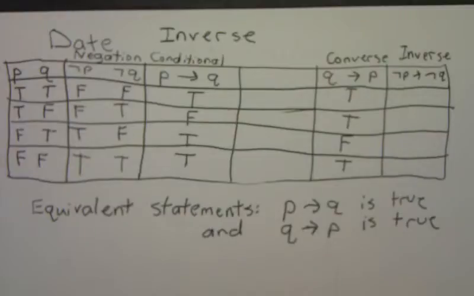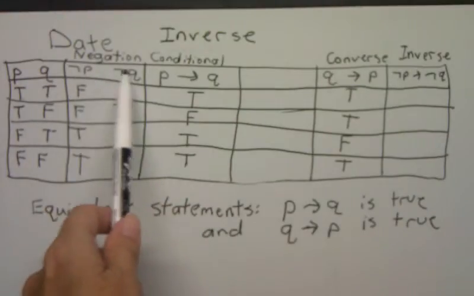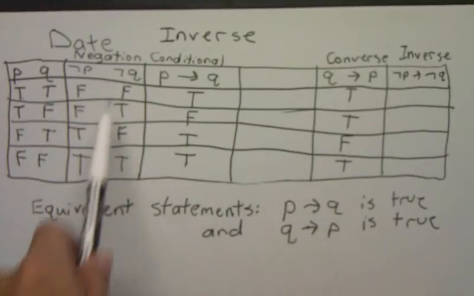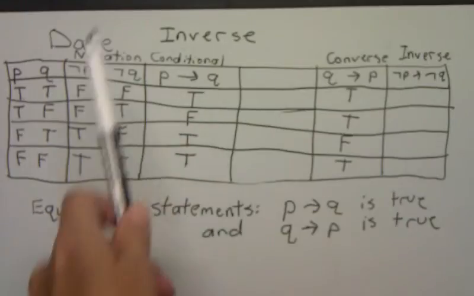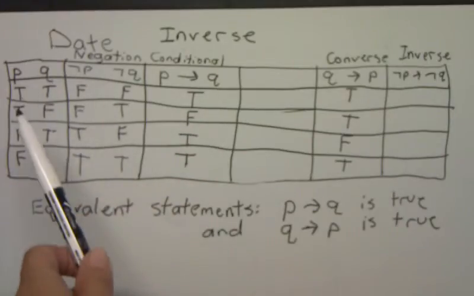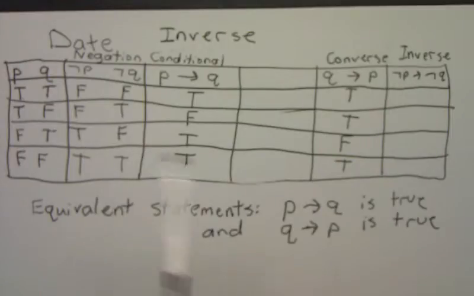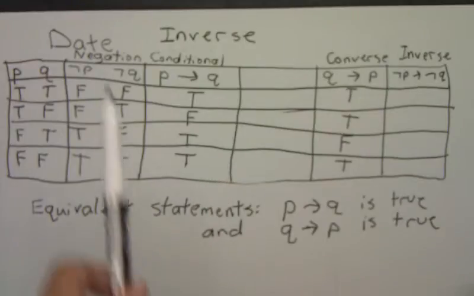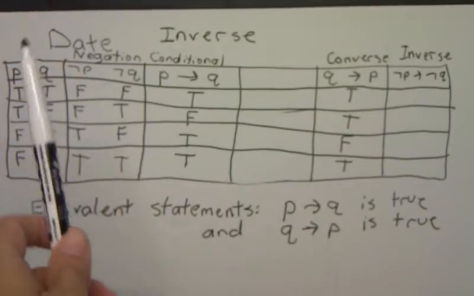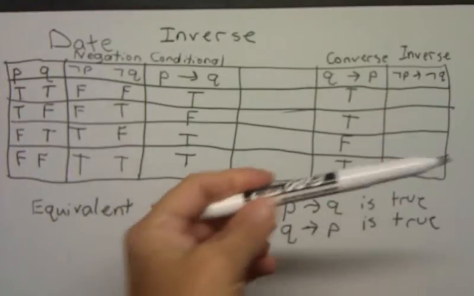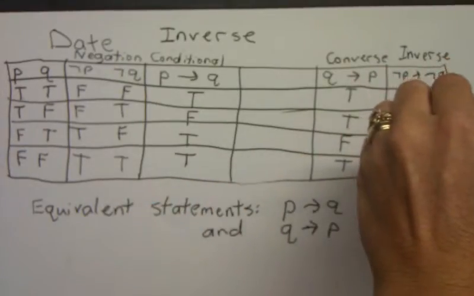So this says, now you'll look right here, we have negation right here. It's going to be easier for the inverse if I look at this chart than if I look at the conditional one, than if I look at the statements I started off with. So this says, according to my inverse chart, if not P and not Q, this is going to be a true statement.